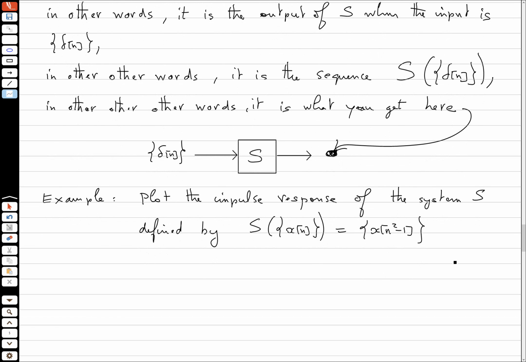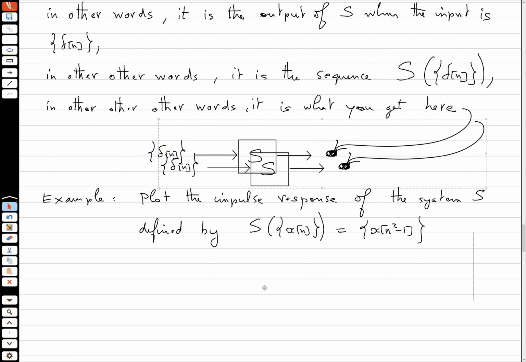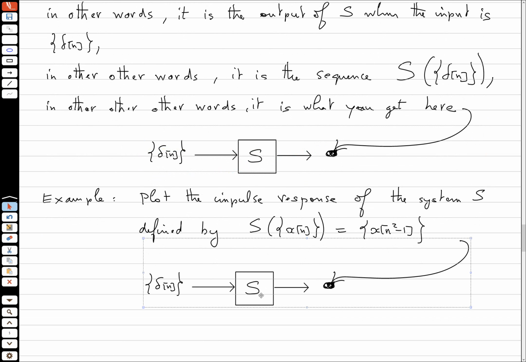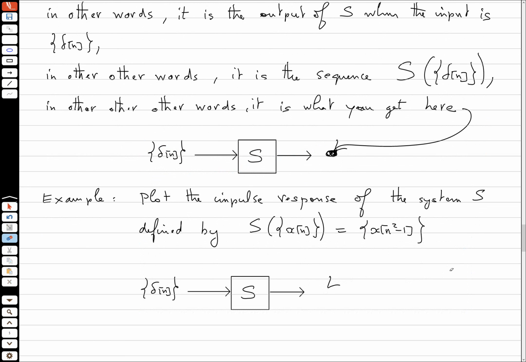Sorry, I like to recycle examples. All right, so what do you do? You input delta of n, you do this, you do this. You get what is here.